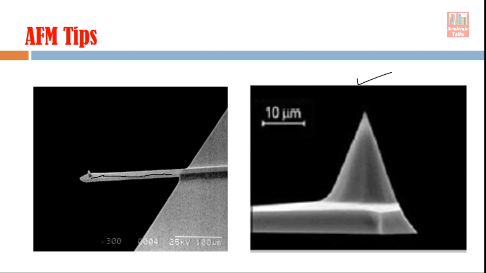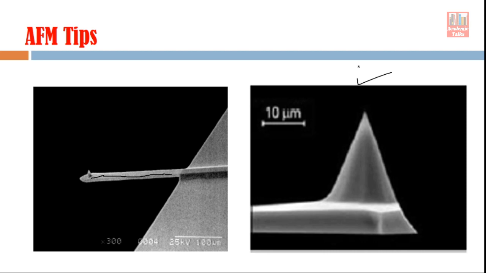So if the cantilever material is flexible, that is better, because more flexibility means the cantilever is more responsive to the attractive or repulsive van der Waals forces. And that flexibility, or the response of the cantilever, can be increased by increasing the length of the cantilever, because if the length is large, then for the same strength of attractive or repulsive forces, there will be large bending in the cantilever.